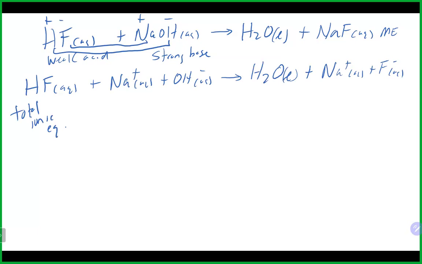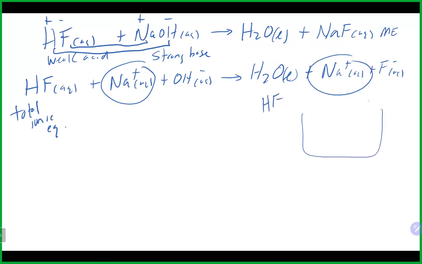Now that also affects, for example, our spectator ion. In this case, what is our spectator ion? It is just the sodium in this case, right? So again, if we were to draw a picture of this and we take the HF and we take our sodium hydroxide, basically we're going to have mainly that in solution, and then we'll have this and we'll have this, but this guy will also break apart just a little bit into those guys, basically.